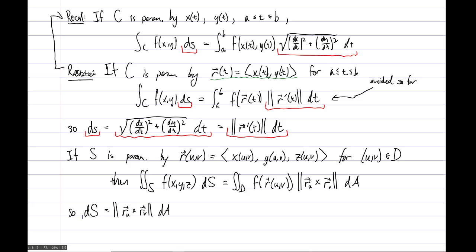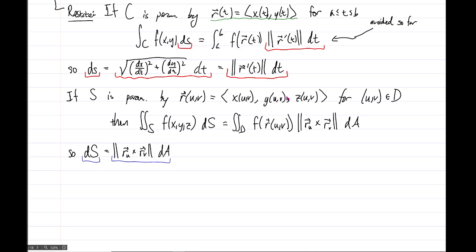So dS is meant to be like d little s. Now, it's different, right? So that's why it's a new color. Just like above we had ds replaced with that, now we have d capital S replaced with this.